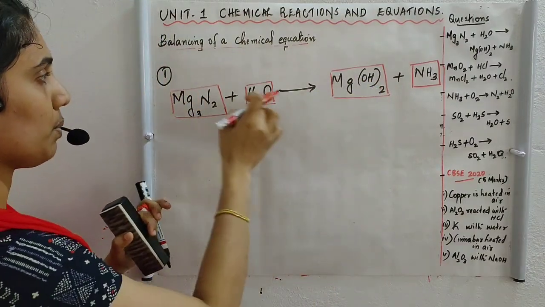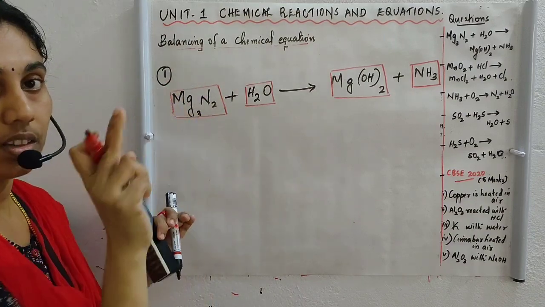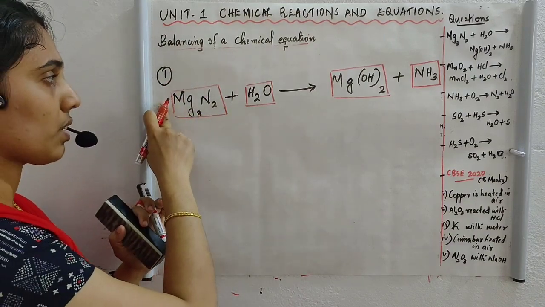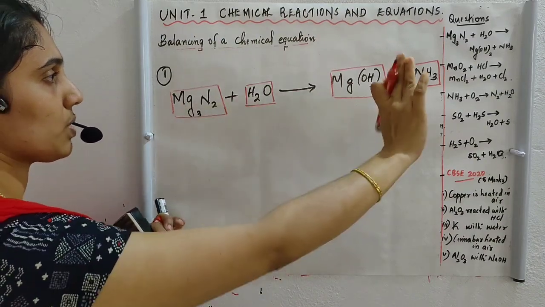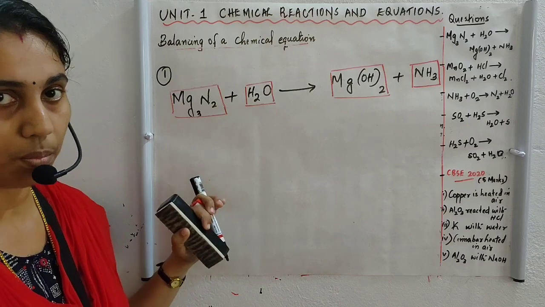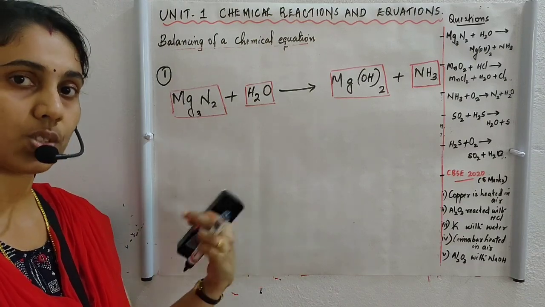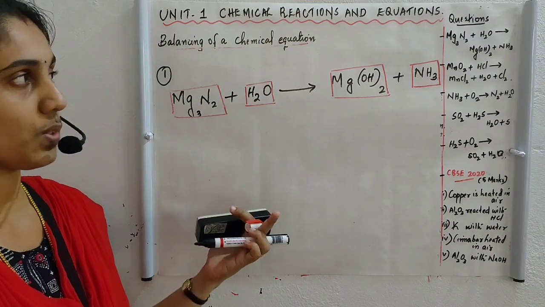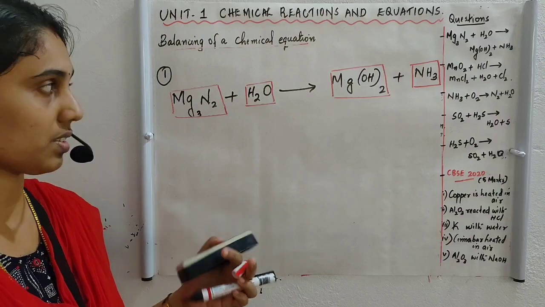To balance, you can put coefficients in front of the formula only. There is a provision to put whole number coefficients in front of the formula only. There is no provision to touch the formula of the compound. To understand the steps involved, just watch the previous video. In this video we are discussing some more questions, how to do the same.